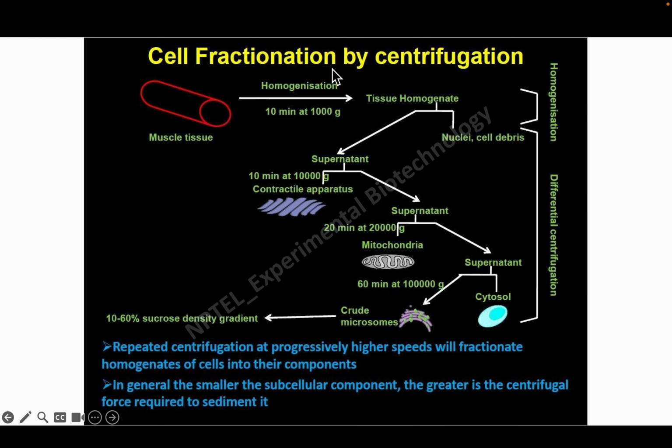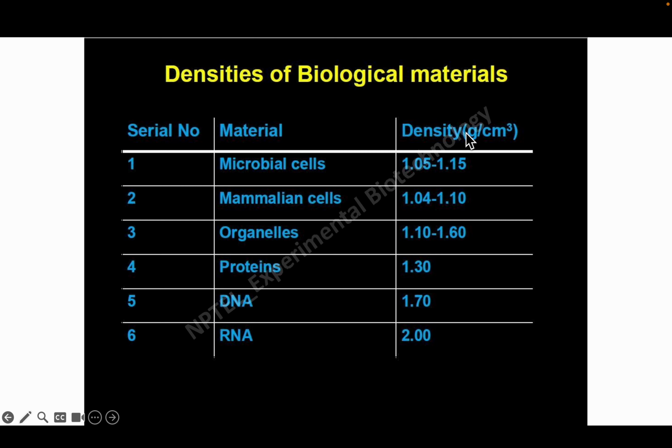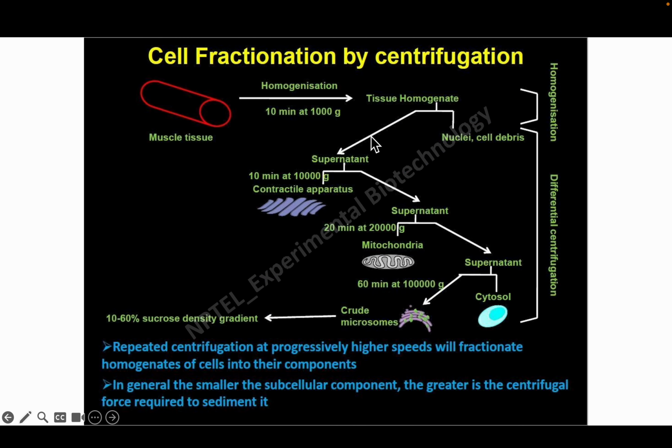So cell fractionation you can do by centrifugation. This is a muscle cell; you have to homogenize it, and you will get tissue homogenate. From the tissue homogenate, you will get nuclei and cell debris, and supernatant.